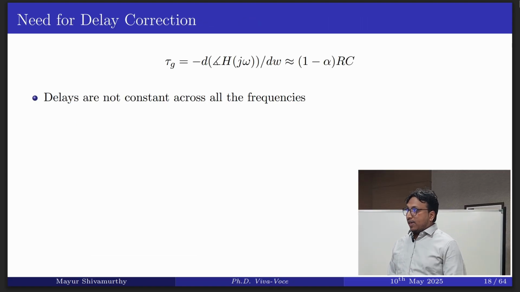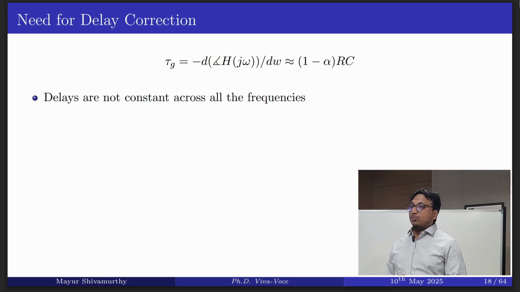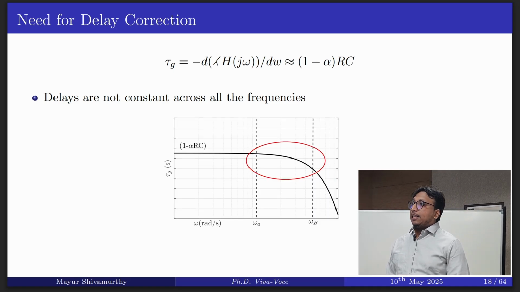Now, as we previously saw, the LPF has a low frequency group delay of 1 minus alpha times of RC. Practically, the delay remains constant up to a certain frequency and then decreases.